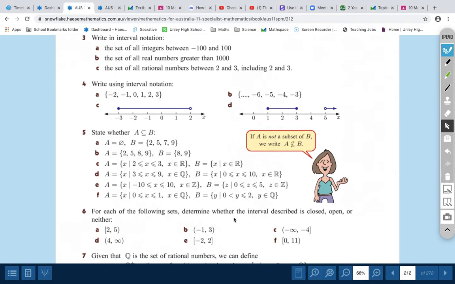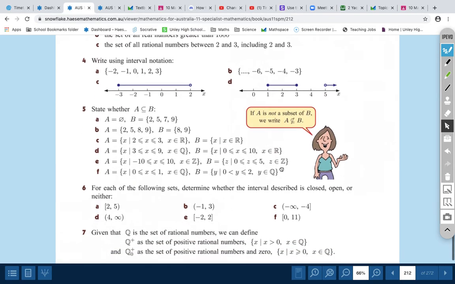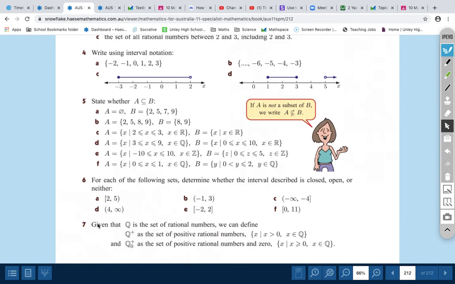Final thing, if I can just get down the page slightly here. This question 7 here is looking at rational numbers. I'm not doing these questions, I'm just talking about the notation. We've got rational numbers here with a little plus next to it. That means we're only interested in the positive values, right?